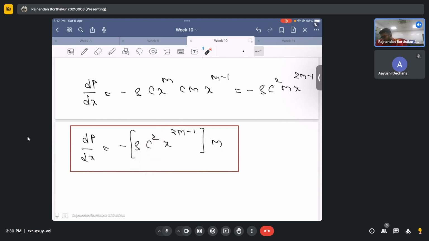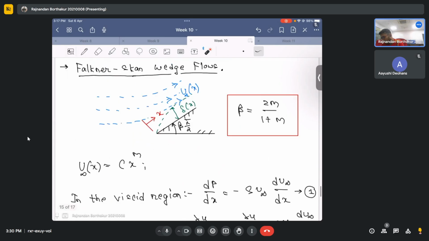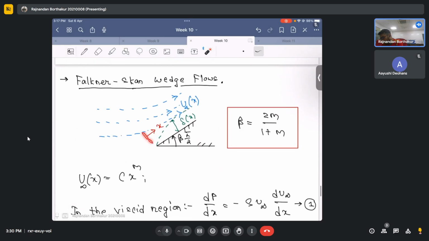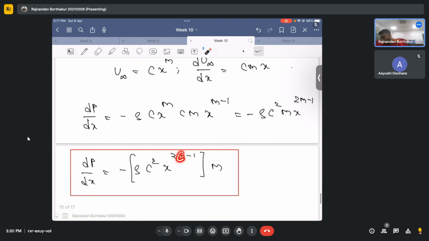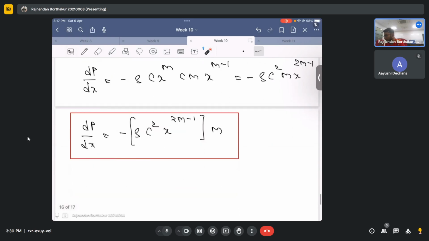It's obviously constant, but the sign of rho is positive. c square is of course positive. x to the power twice m minus 1 is also positive, because we are looking in the plus x direction, of course. Our coordinate basically starts from here, so this is x equal to 0, which means in this direction our x is positive in nature, which means even if this m is negative, x to the power twice m minus 1 would essentially be positive, which means, so what does this mean?